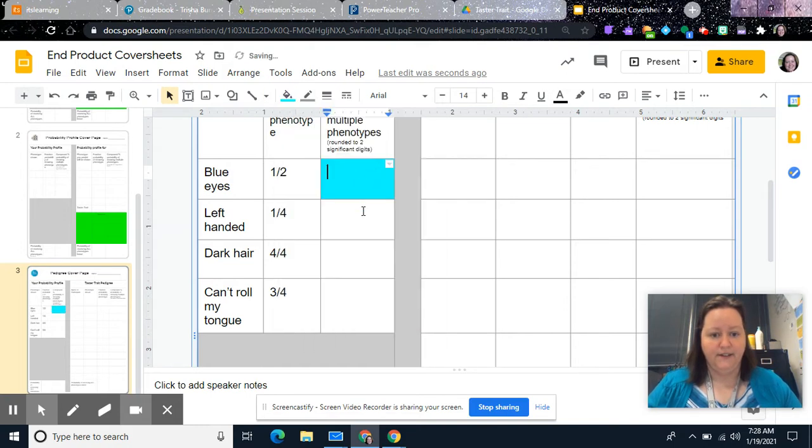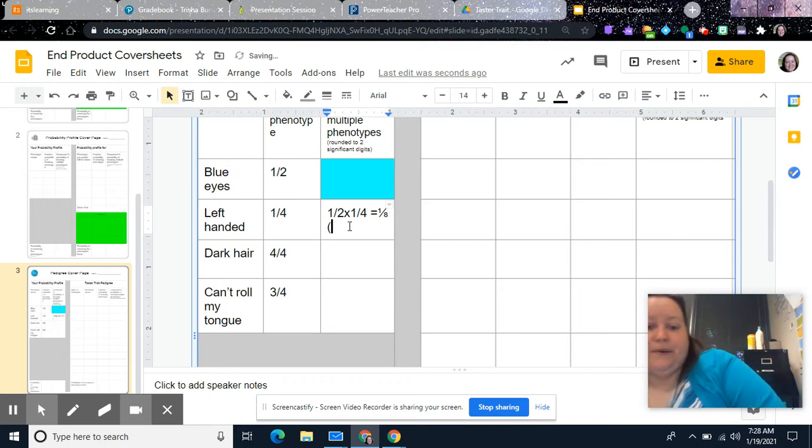I will try to have this fixed before you start working on it, unless you already have. Remember, to find compound probabilities, you find the probability that the first thing would happen, which was 1/2, and the probability that the second thing would happen, that's 1/4. You multiply those together. 1 times 1 is 1, 2 times 4 is 8, and so you would have 1/8.